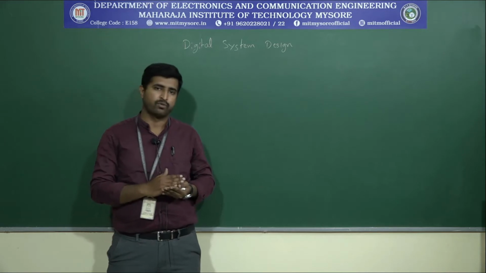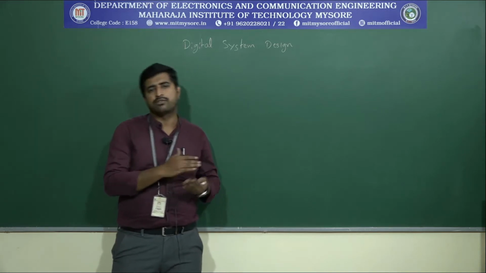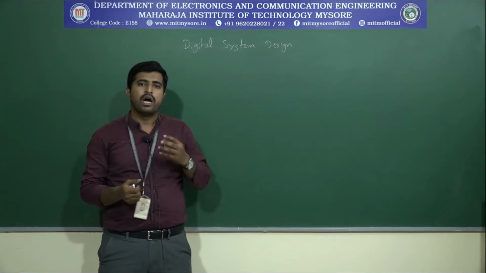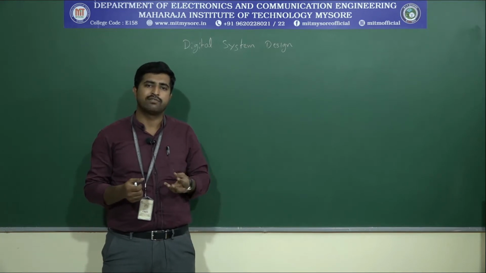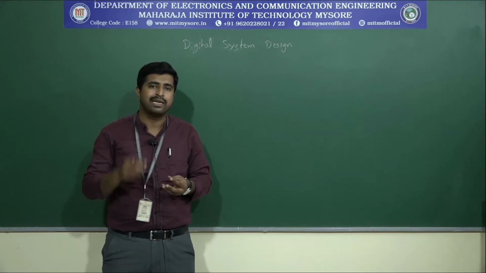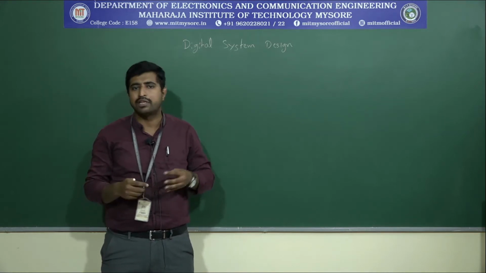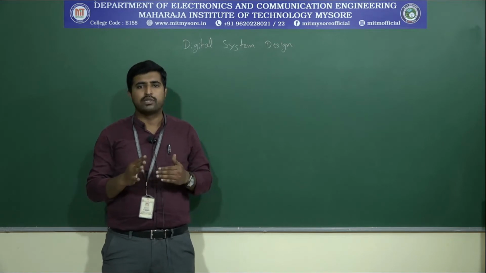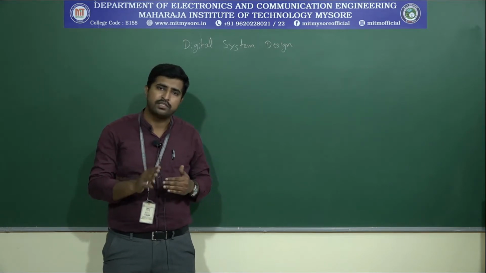In the last class we saw this with an example, the size of the circuit when implementing a canonical SOP versus the simplified expression. With that we get to know that simplification is a must.